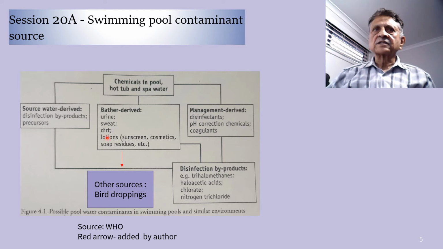The lotions are the biggest source of contamination, because many of the people using the pool in summer use sunscreen. Many of them use cosmetics, and some even have soap material with them, and these residues, etc., will contaminate the pool.